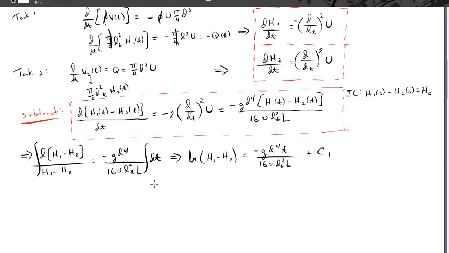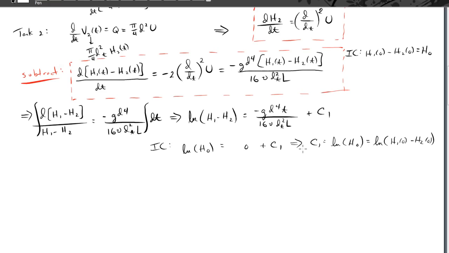We can now apply the initial condition. At time t equals 0, h1 minus h2 is h naught. So we have the log of h naught is equal to 0 plus C1. And so obviously C1 is equal to the log of h naught, which is the same as the log of h1 of 0 minus h2 of 0.